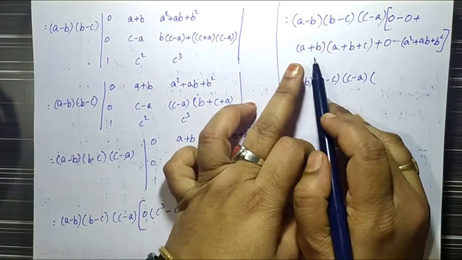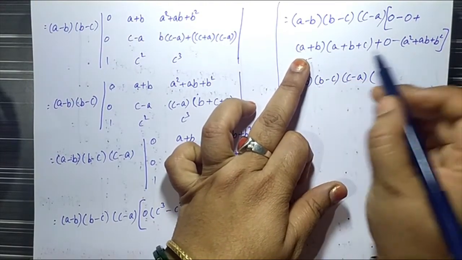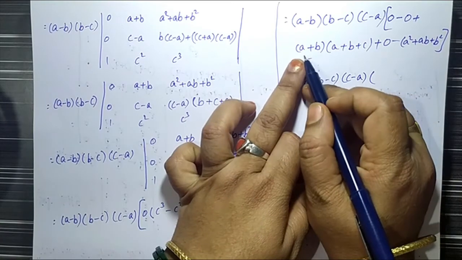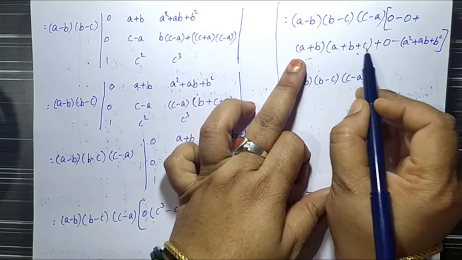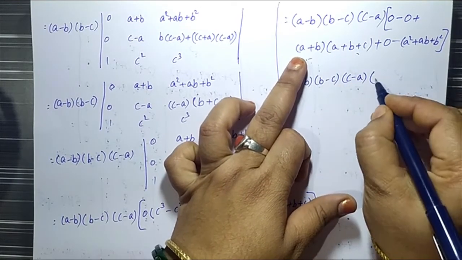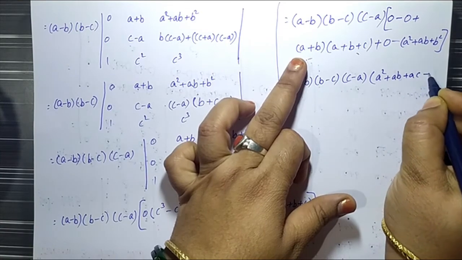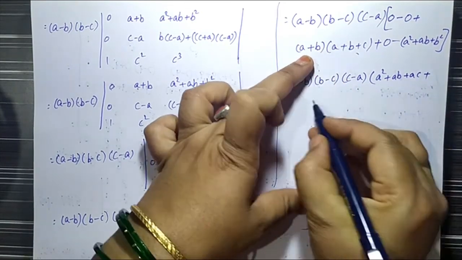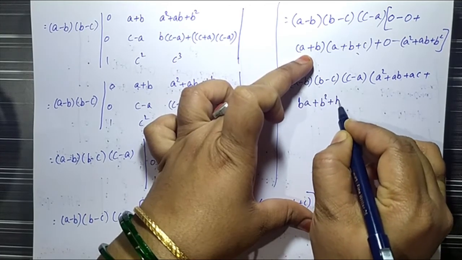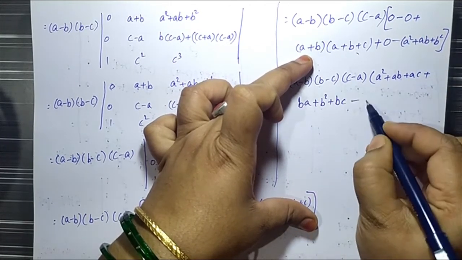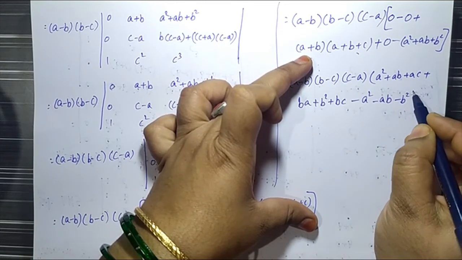All values are 0. Here we have to multiply these two values, a plus b into a plus b plus c. First we multiply this a plus b plus c with a, and a plus b plus c with b. A into a square plus ab plus ac, plus next we multiply b: ba plus b square plus bc, minus of a square minus ab minus b square.